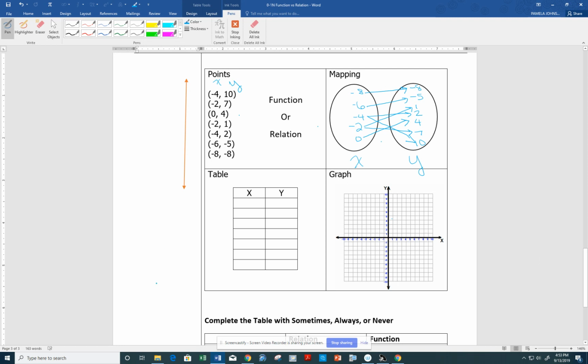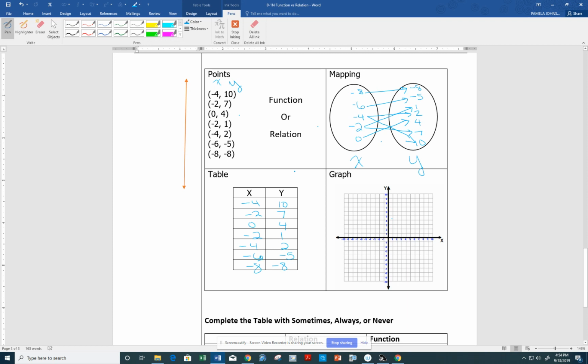On our table, again, we're just rewriting the points into the table. -2 and 7, 0 and 4, -2 and 1, -4 and 2, -6, -5, -8, -8.